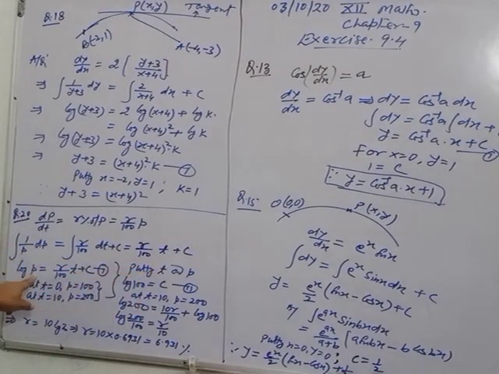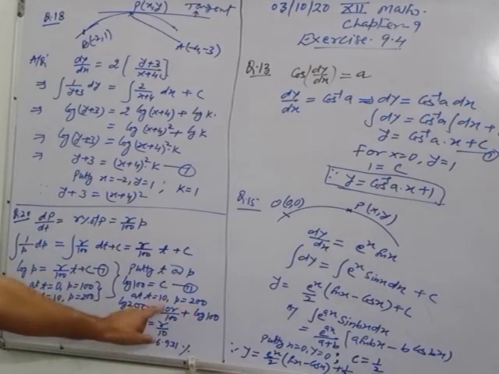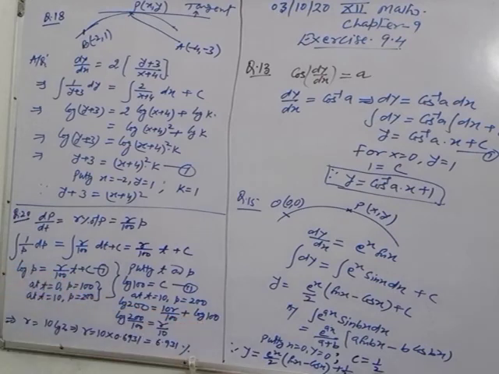After putting you will get log 100, and t is 0, means c is equal to log 100. Now you will put the second condition, t is 10, p is 200, in the first again. So p is 200 means log 200, and t is 10, so 10 R by 100 plus c. C you have determined, in place of c putting log 100.